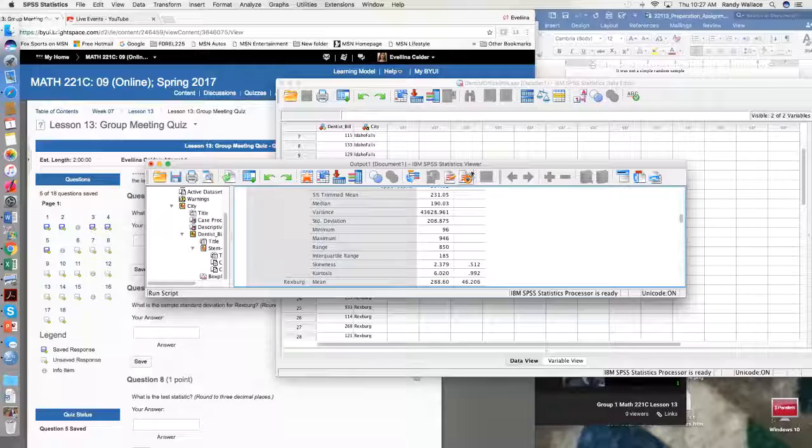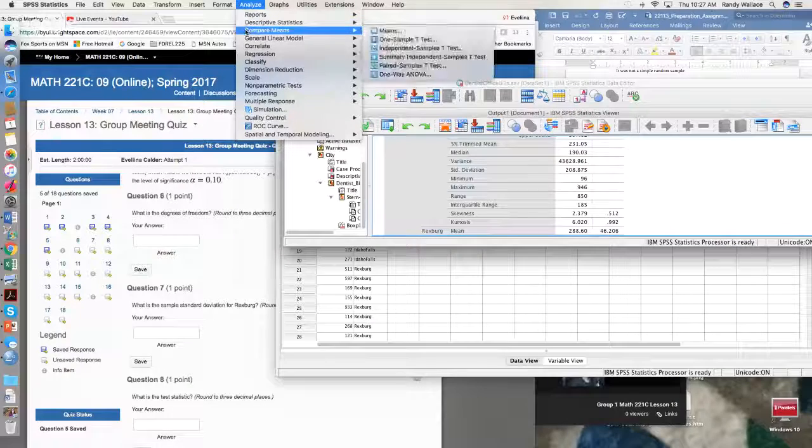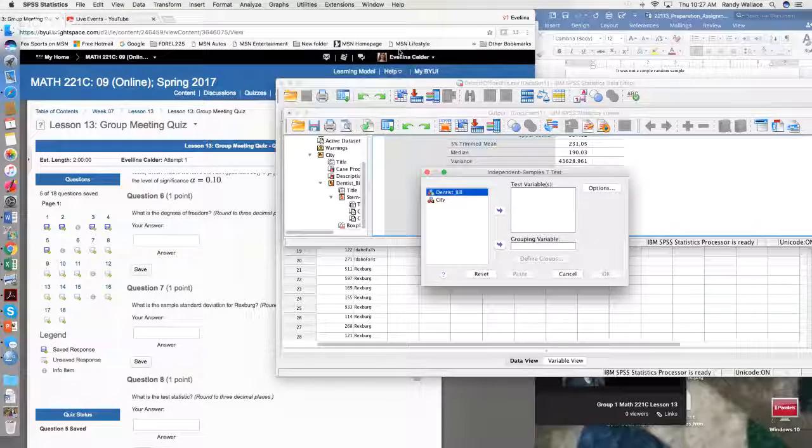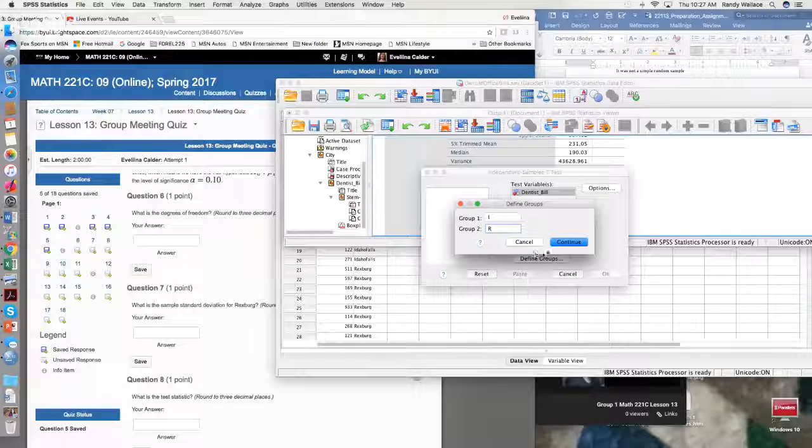But we want the degrees of freedom. So I believe it's this one. So the test variable, and then the grouping variable, the cities. For group 1, we want Idaho Falls. Group 2, we want Rexburg.